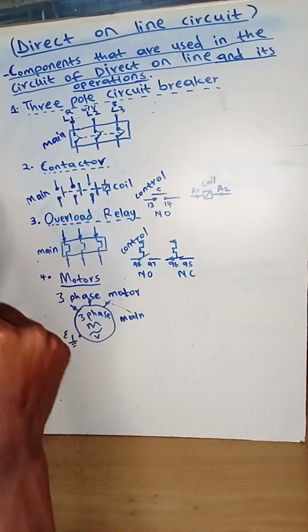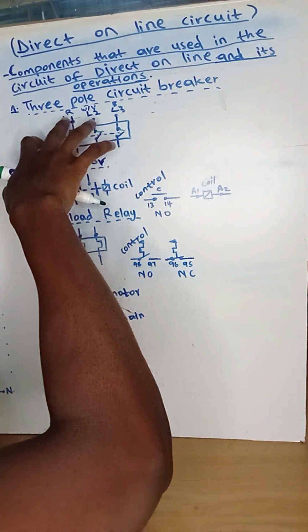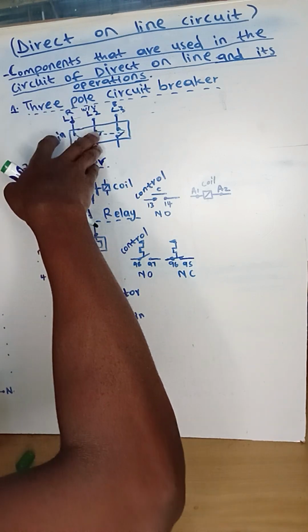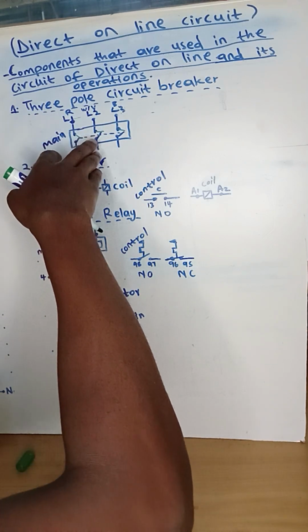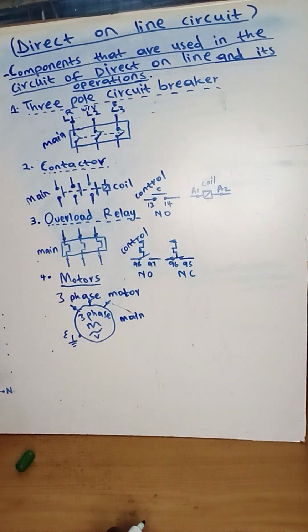Which means right now, my current from these 3 wires, which is live 1, live 2, live 3, live 1 is red wire, live 2 is white or yellow wire, and live 3 is blue wire.